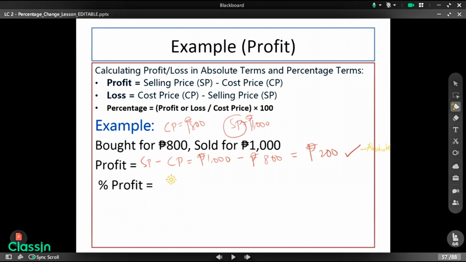Now let's have the percentage. For the percentage, you will have profit all over cost price times 100. So this will be 200 divided by 800 times 100.